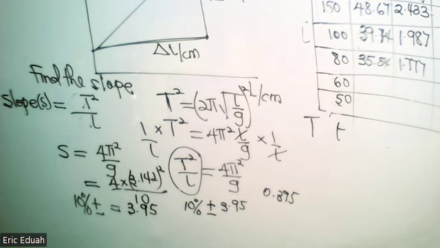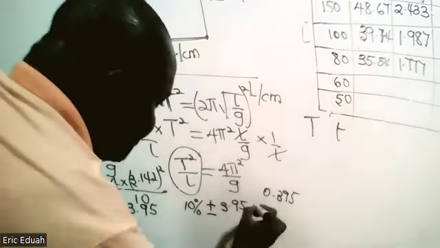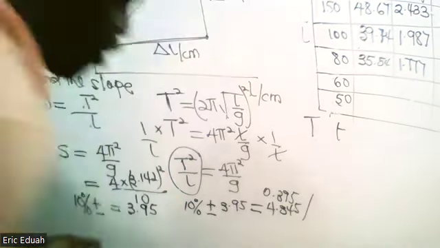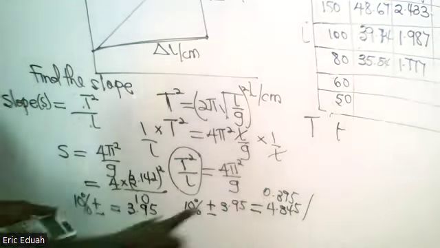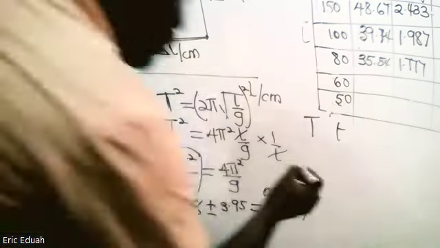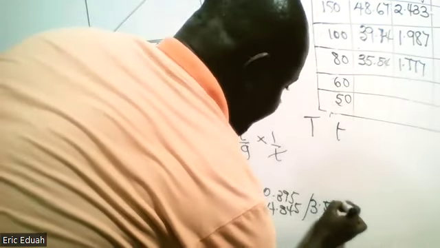So 3.95 plus 0.395 is equal to 4.345, or when I subtract 0.395 from 3.95, it must be 3.555.